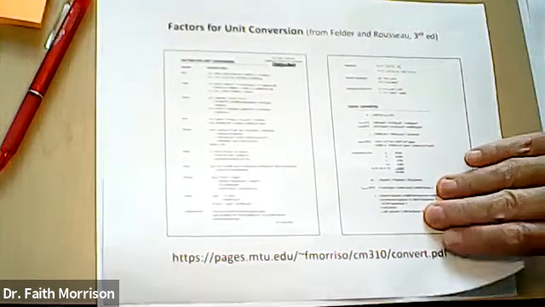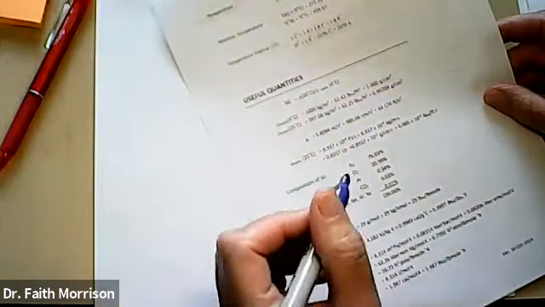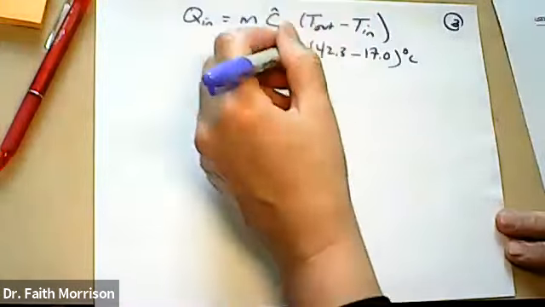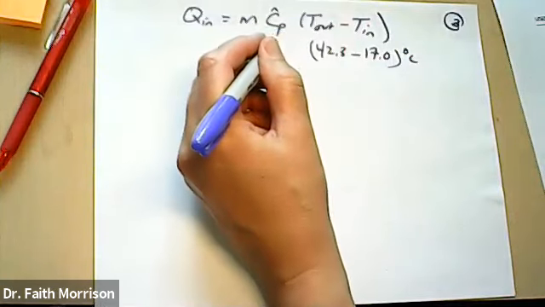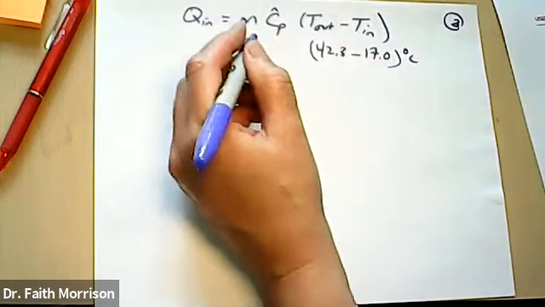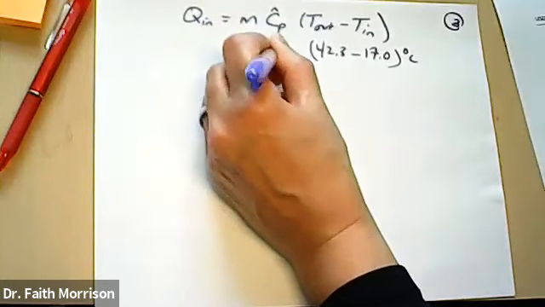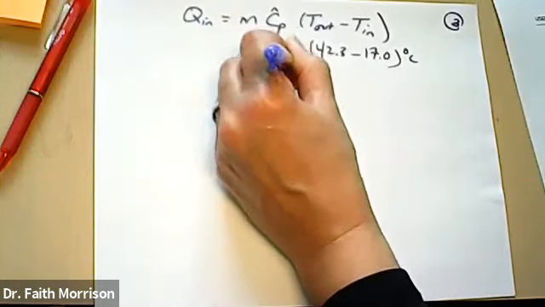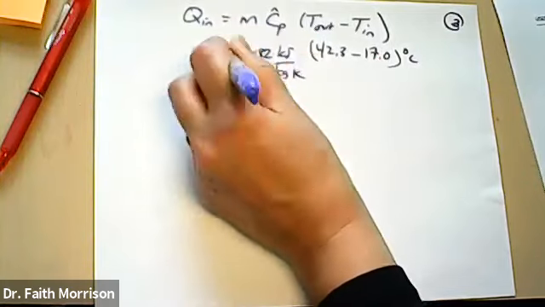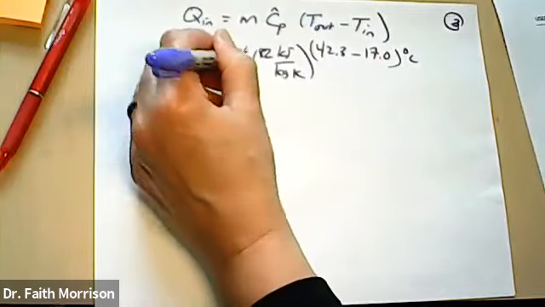And because we deal with water so often, it has the heat capacity of water here on the back. So I'm just going to copy down the heat capacity of water. The heat capacity of water is 4.182 kilojoules per kilogram Kelvin.